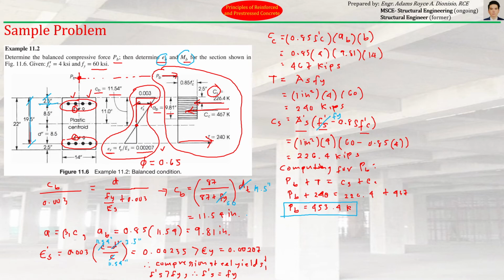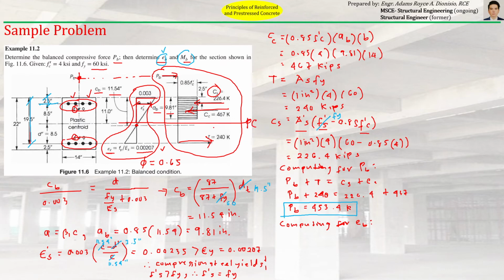Okay? So, we can start computing for EB. For EB, we can just take moments about the plastic centroid. So, i-moment lang natin lahat ng mga force na yan with respect dito sa plastic centroid.